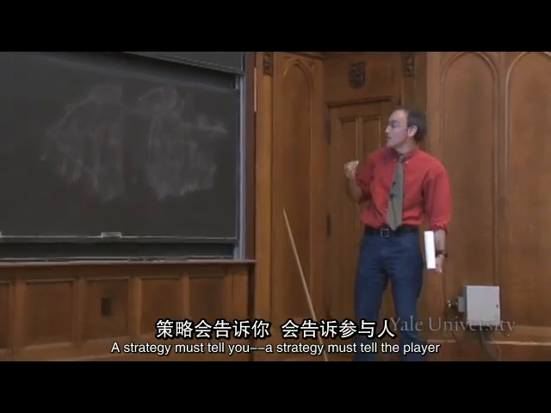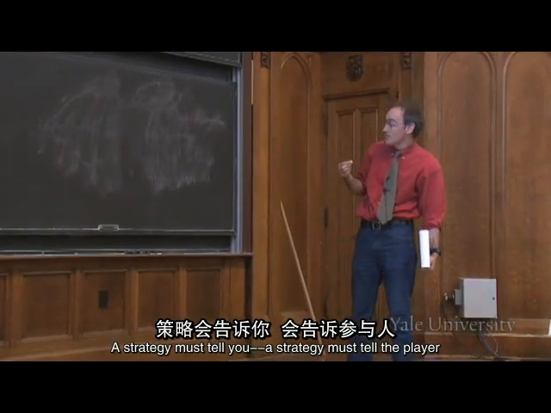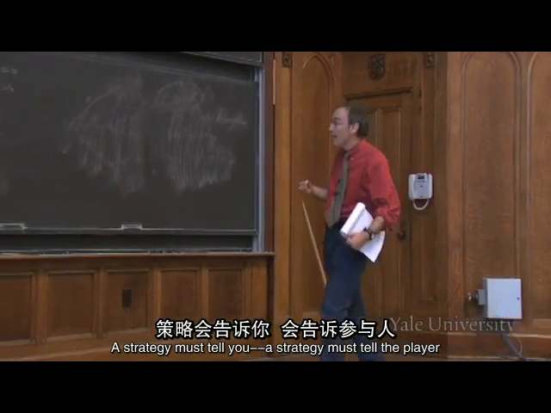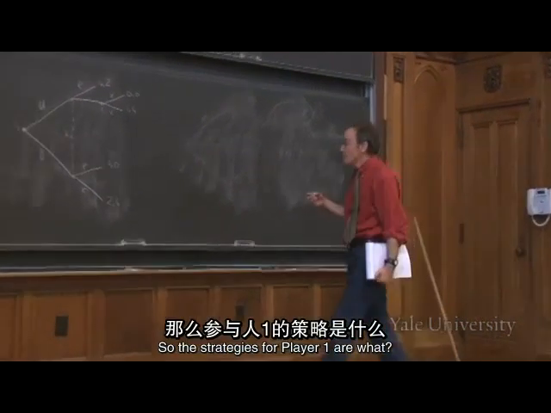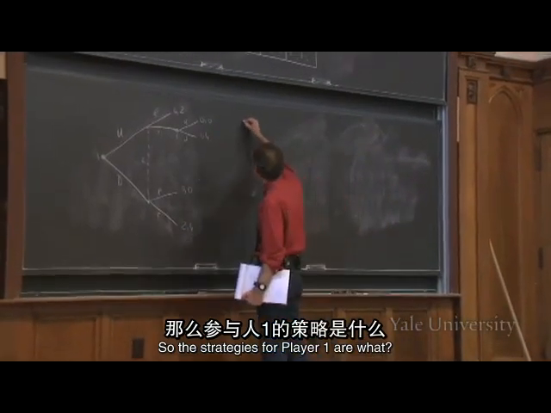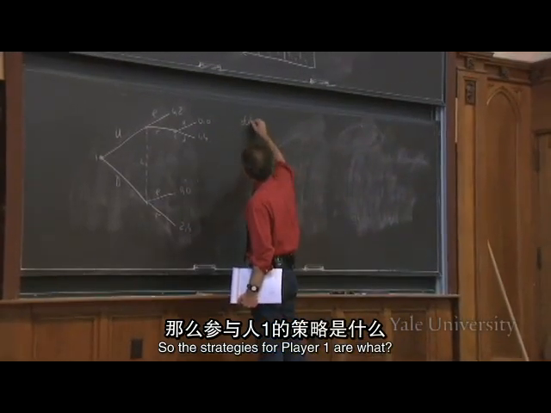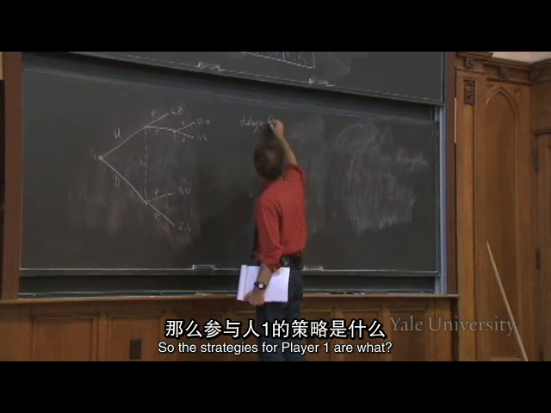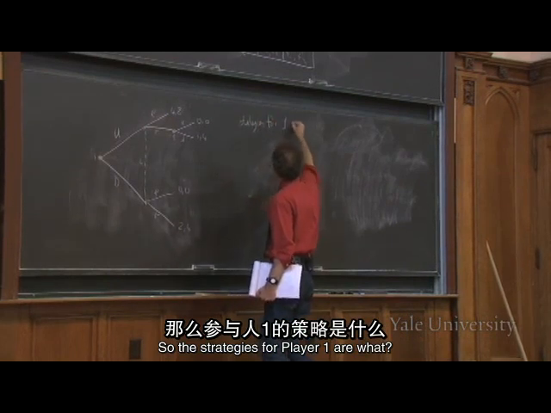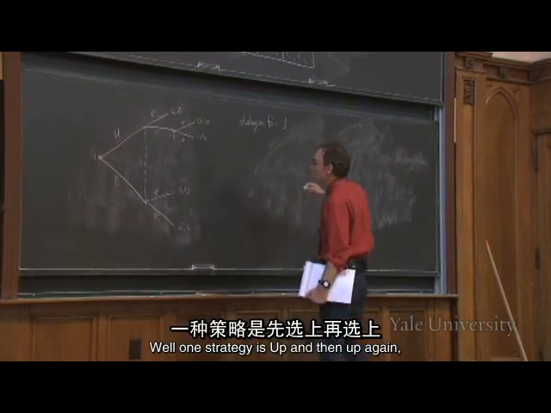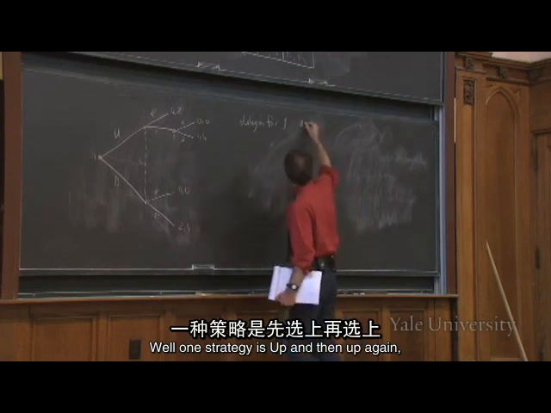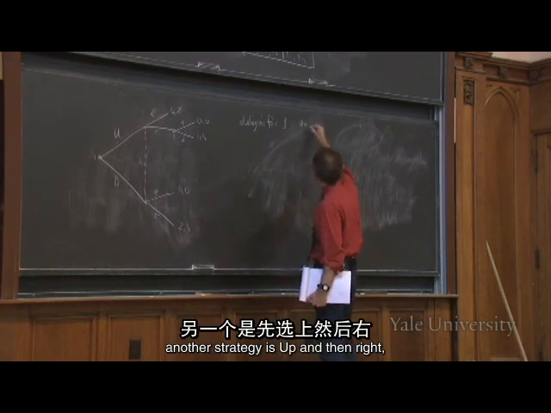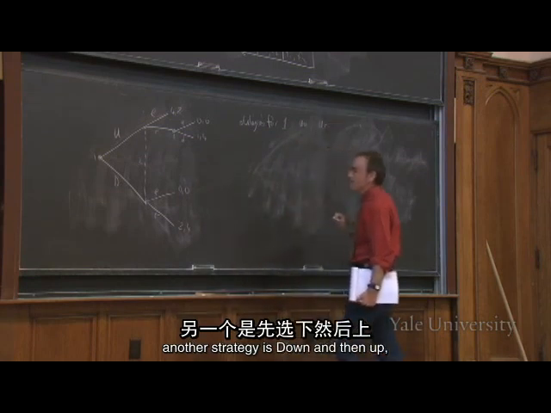A strategy must tell the player what to do at each of their information sets. So the strategies for player 1 are what? Well, one strategy is up and then up again. Another strategy is up and then right.